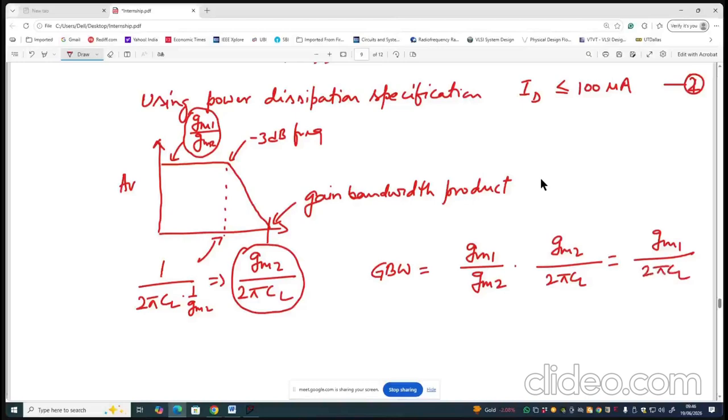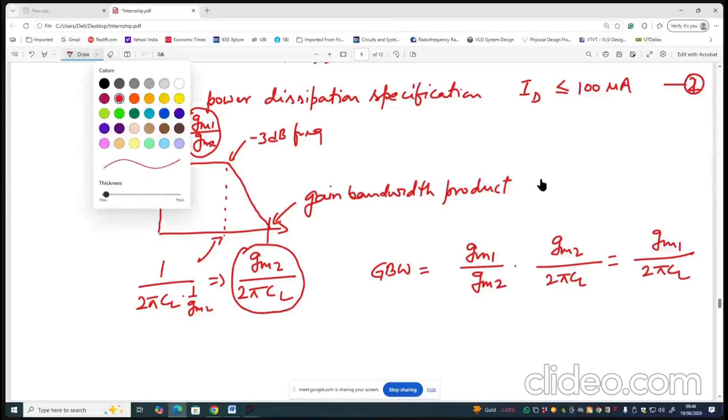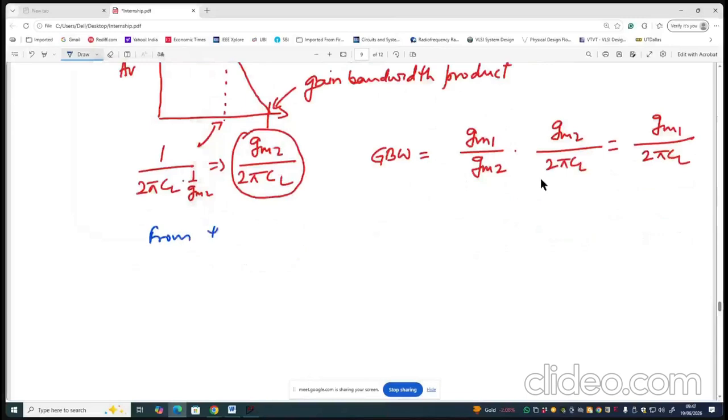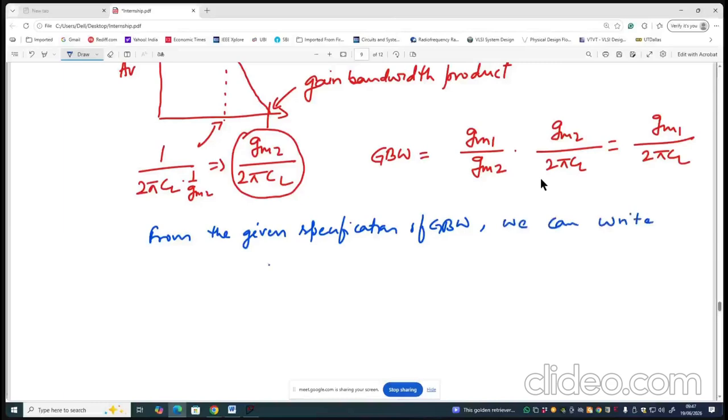Okay. Now from the given specification of gain bandwidth, we can write that Gm1 upon 2 pi CL shall be greater than or equal to 100 megahertz.